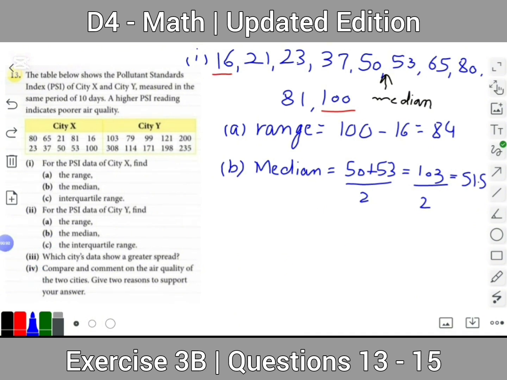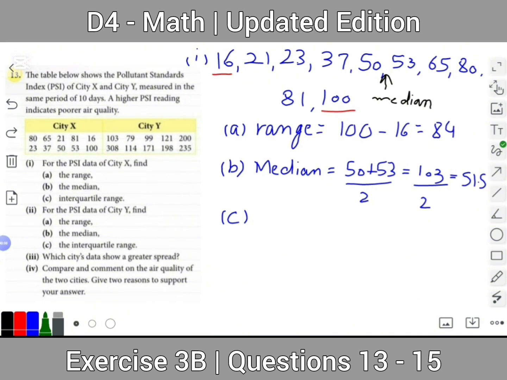Now in part C, we have to find the interquartile range. To find it, we have to find the lower quartile and the upper quartile first. The median divides the data set values into two equal parts.